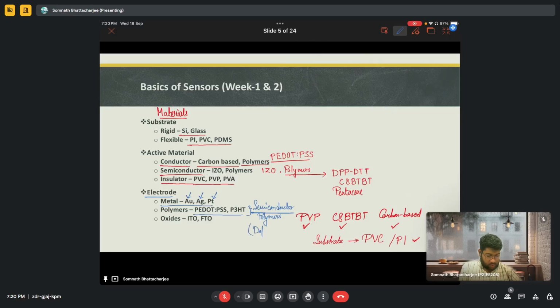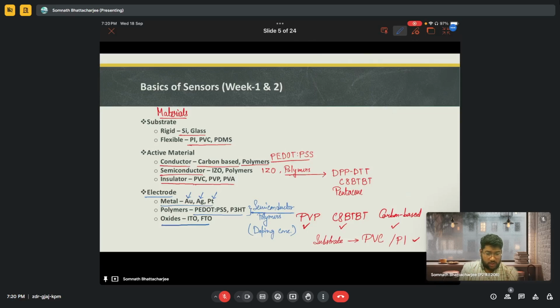Based on the doping concentration inside polymers, we can use them as polymer electrodes or polymer conductors. Similarly, we can use them as semiconductors as well. And for several oxides like ITO, indium tin oxide, or FTO, we can use them as an electrode as well. So we have to choose our specific material based on our needs and our application.